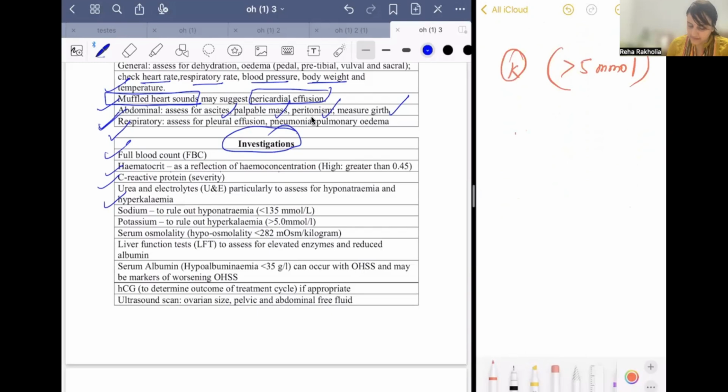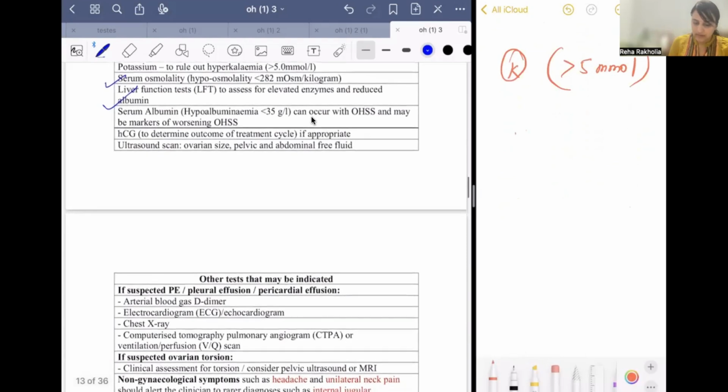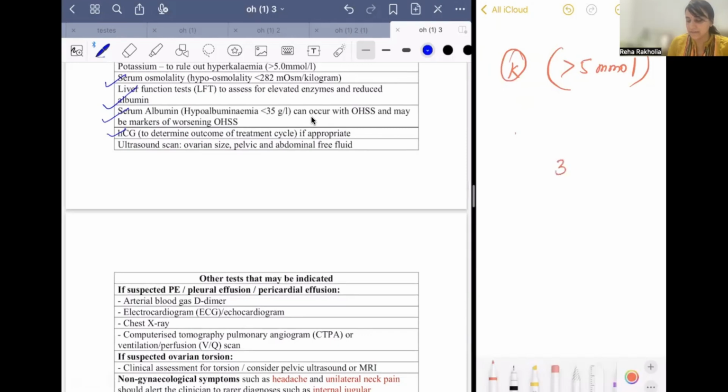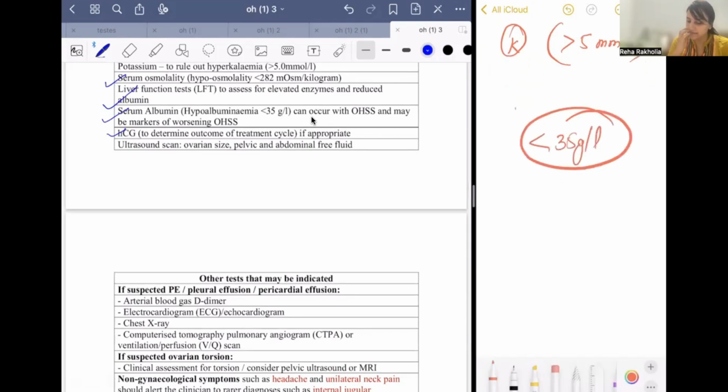Then we'll look for liver function test to assess for elevated enzyme, reduced albumin. Serum albumin, hypoalbuminemia is less than 35 gram per liter.